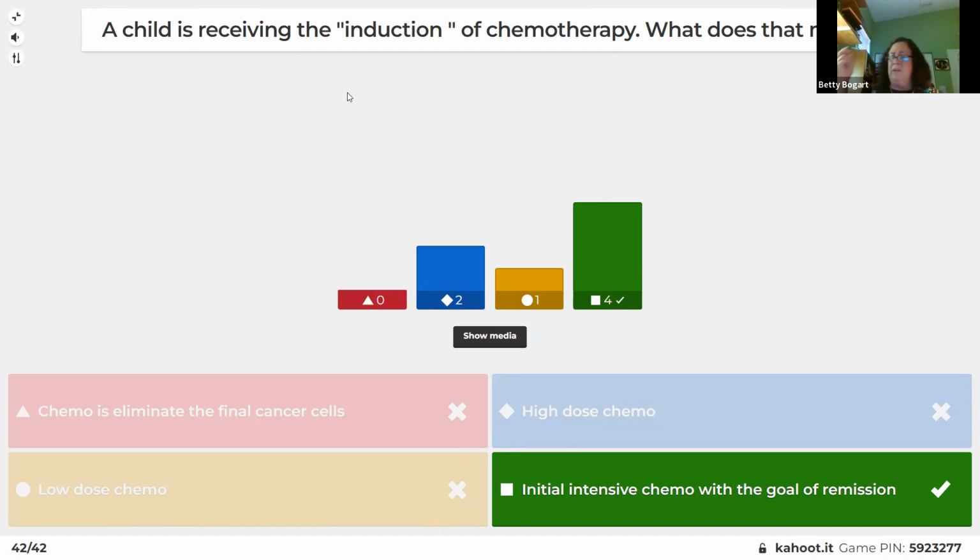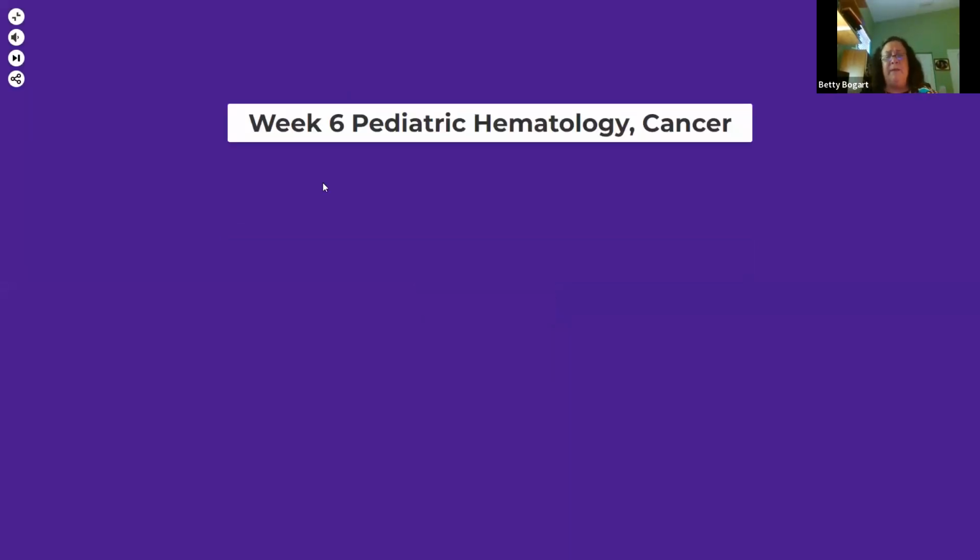They hit with everything, multiple different types, 2, 3 different sorts of chemotherapy, so we're going to be in remission when we're done. Then the other 3 steps are just those couple cells that are left, getting rid of them, and then it goes on just to keep it from coming back. But induction is initial, and it's the goal of remission, getting rid of it and wiping it out.